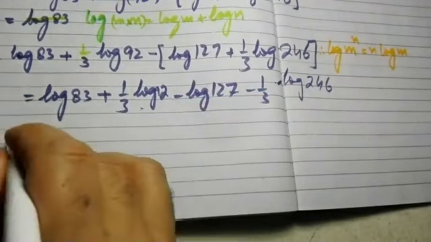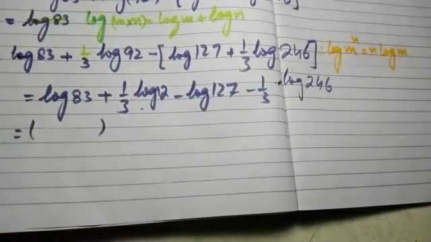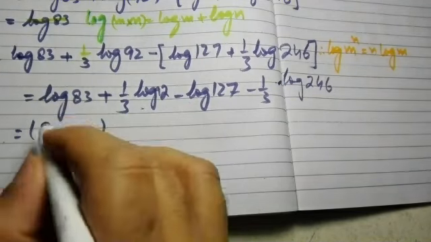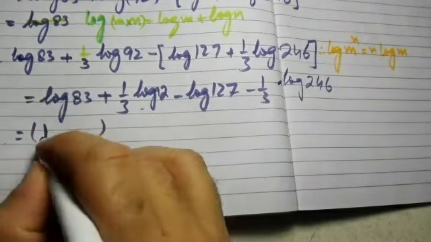I would write the logarithms by using calculators. The first number is 83, so its log will be 1 point something. It is 1.9191.